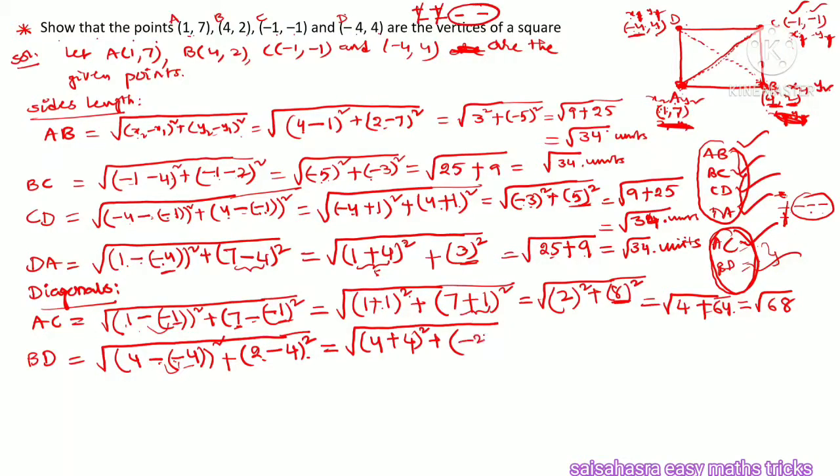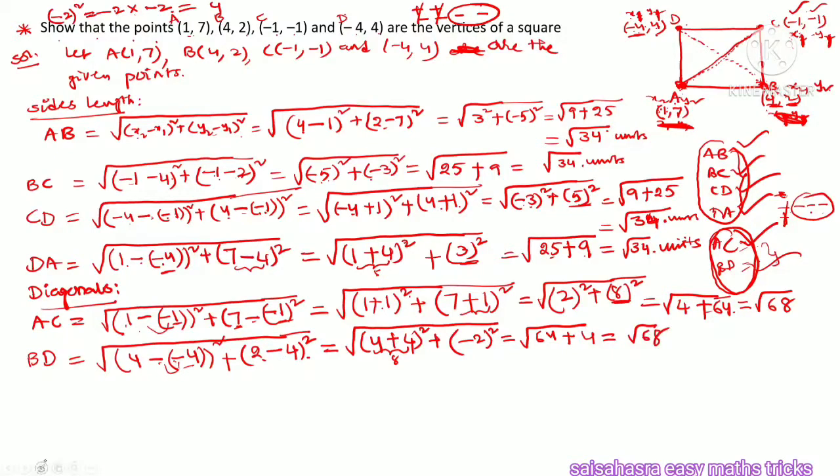So minus 2 square. 4 plus 4 will give 8. 8 square, 8 into 8 is 64, plus minus 2 whole square. Minus 2 whole square means minus 2 into minus 2. Minus into minus is plus, 2 into 2 is 4. So finally the answer is 4 only. 64 plus 4 is root 68.